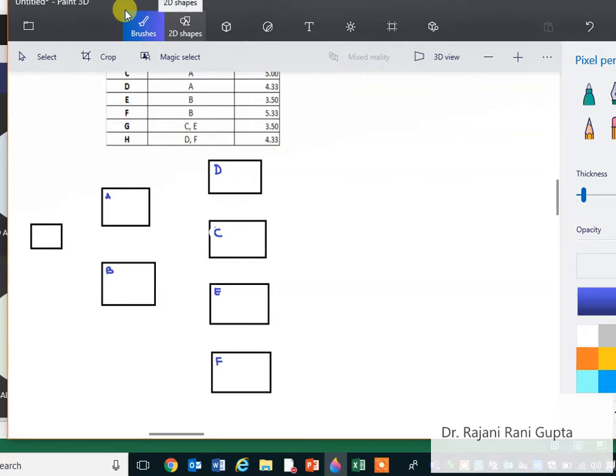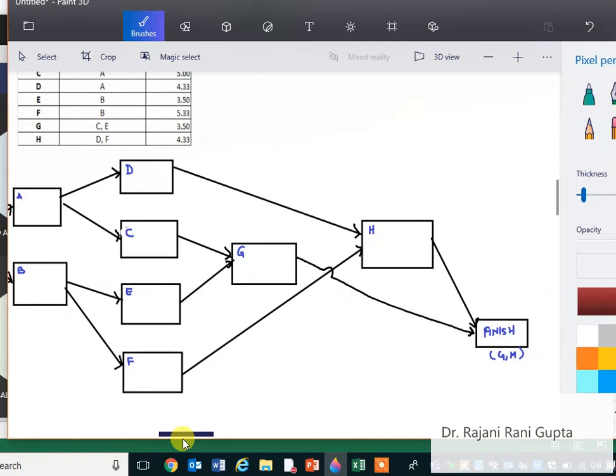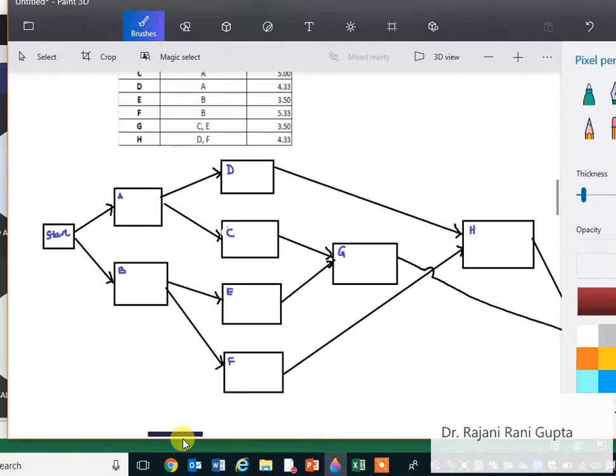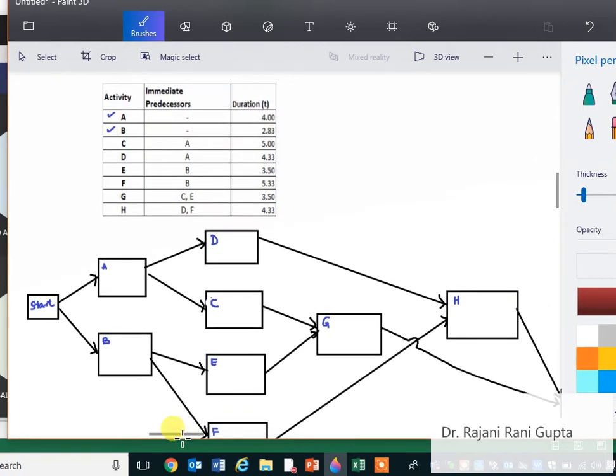Okay. Now once we complete with this network diagram, what we have to do, we put the timings for each activity. Activity A takes 4 days. Activity B duration is 2.83. For activity C, the duration is 5. For activity D, it's 4.33.